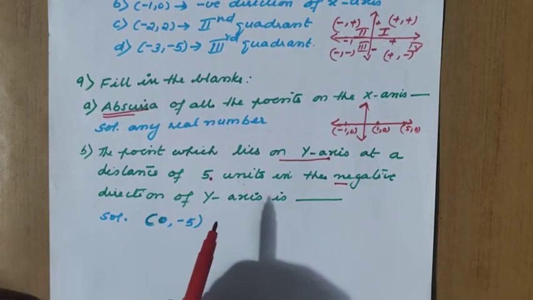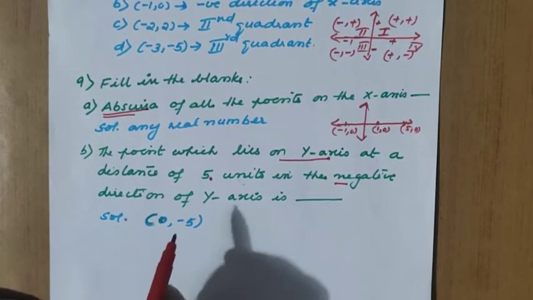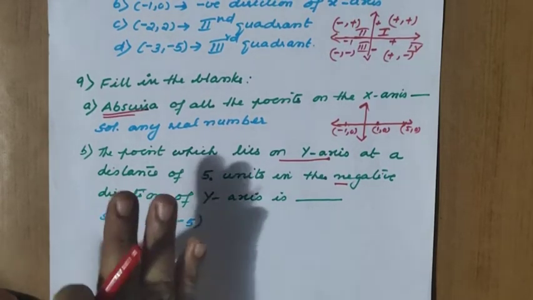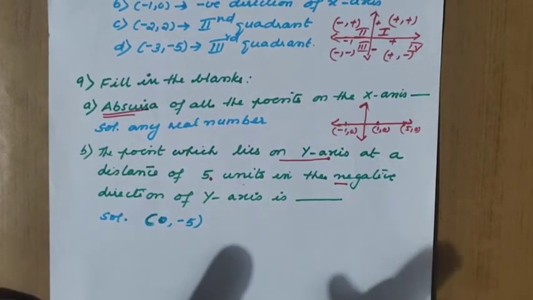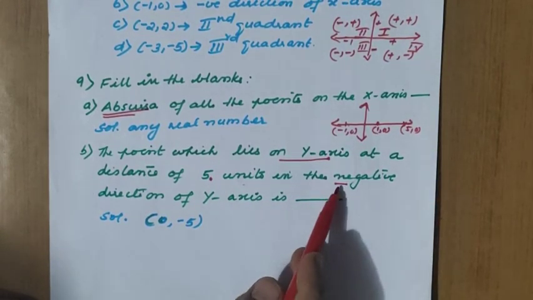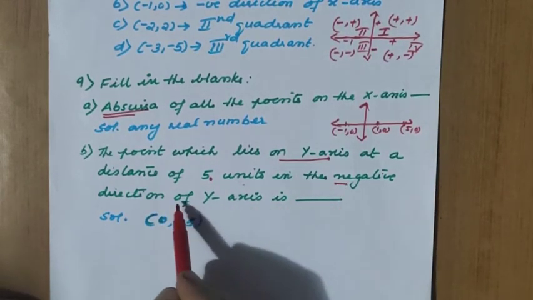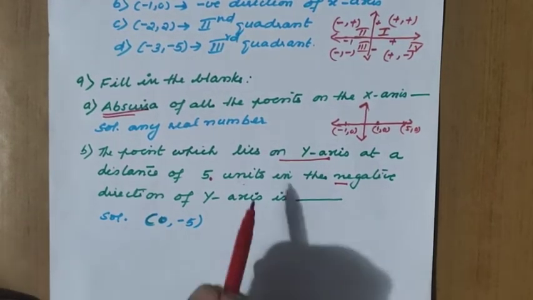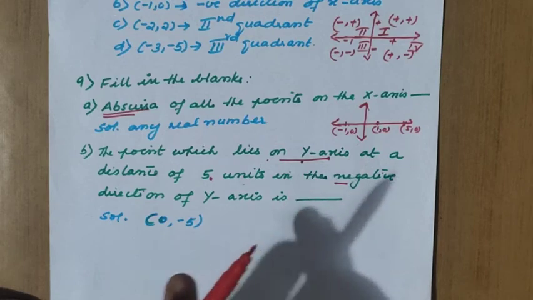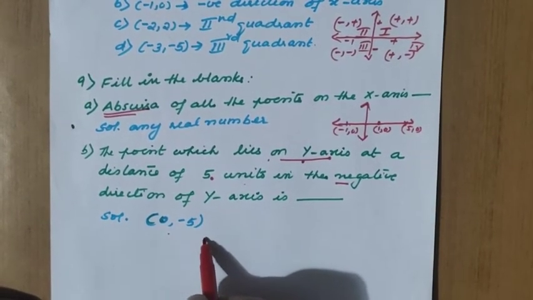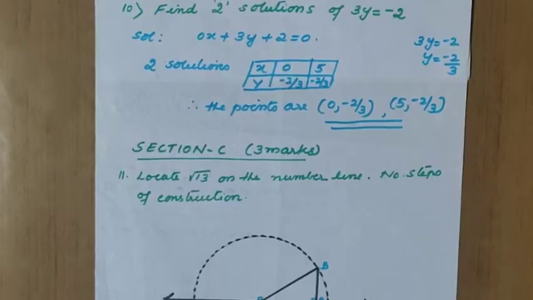That is why in the last question I told you that when the axis is specified, we should write the negative direction of x-axis or positive direction of x-axis, depending upon the question. So the idea is clear here also. The negative direction of y-axis means the y value is present and it lies on the y-axis, so x value is 0. So the final answer is 0, minus 5.